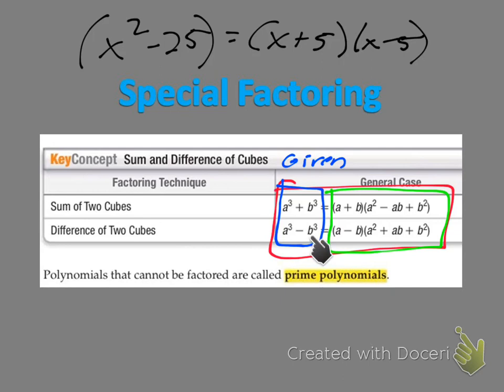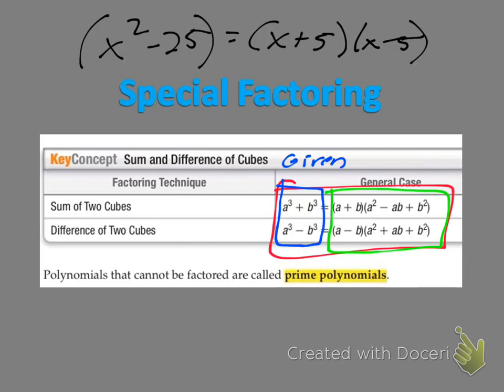Started with a negative, so this is a negative. Started positive, so this is positive. The first sign of your trinomial is the opposite. Positive to negative, negative to positive. Last sign, both times, positive. Your homework tonight is to get that memorized.